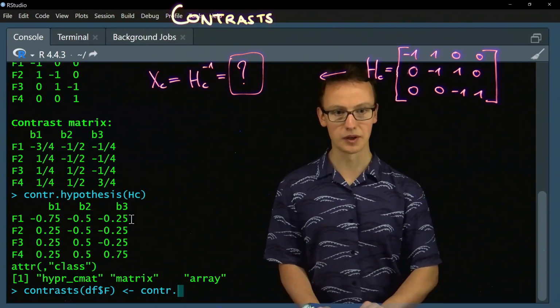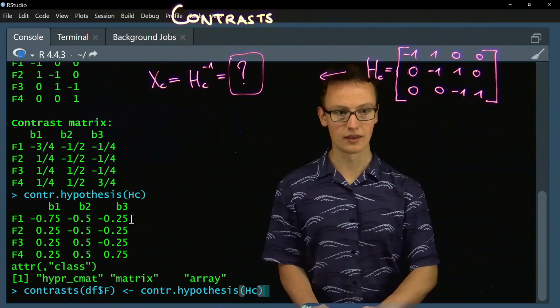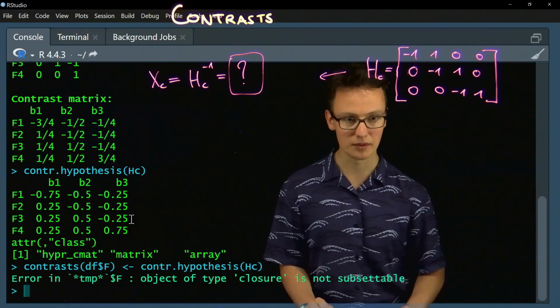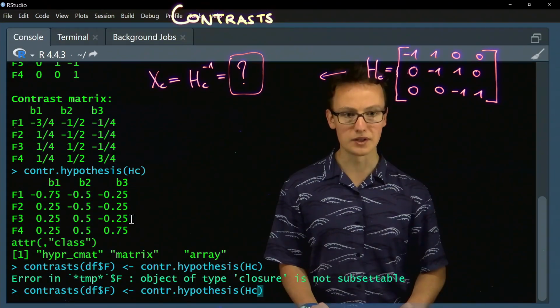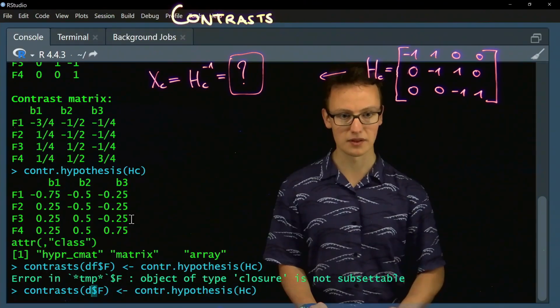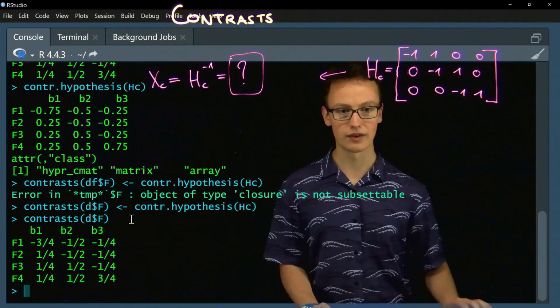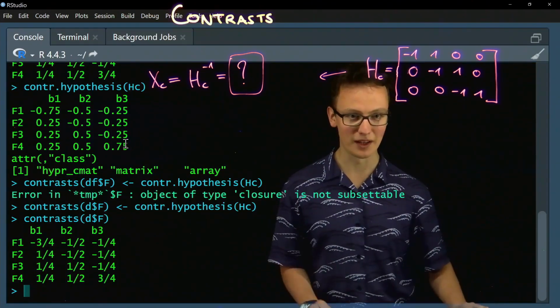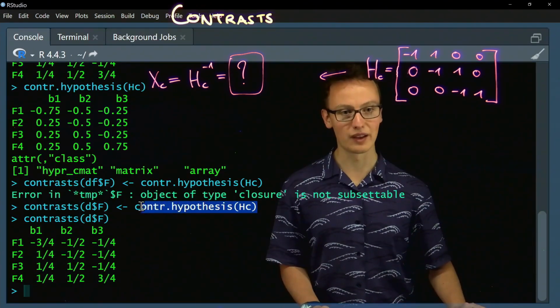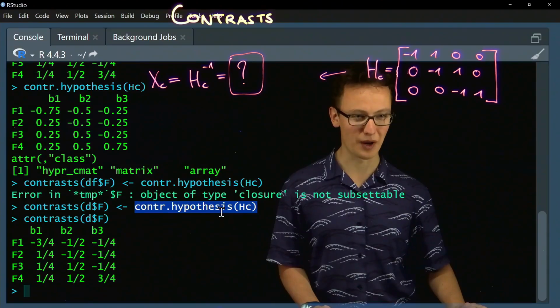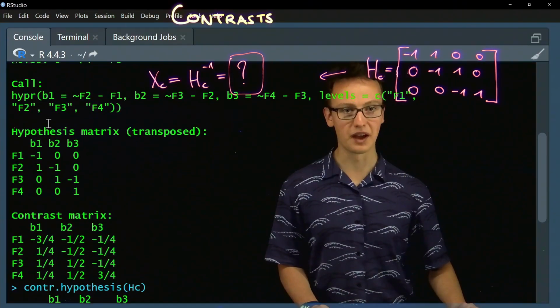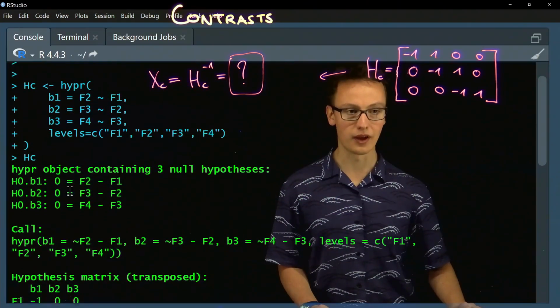Oops, what did I do now? Oh, it's called D, not DF. That was, of course, a mistake. Right, so now our contrast should be defined, as we also did previously, but now we defined them by extracting the contrast matrix from the output of the hypr call, okay?